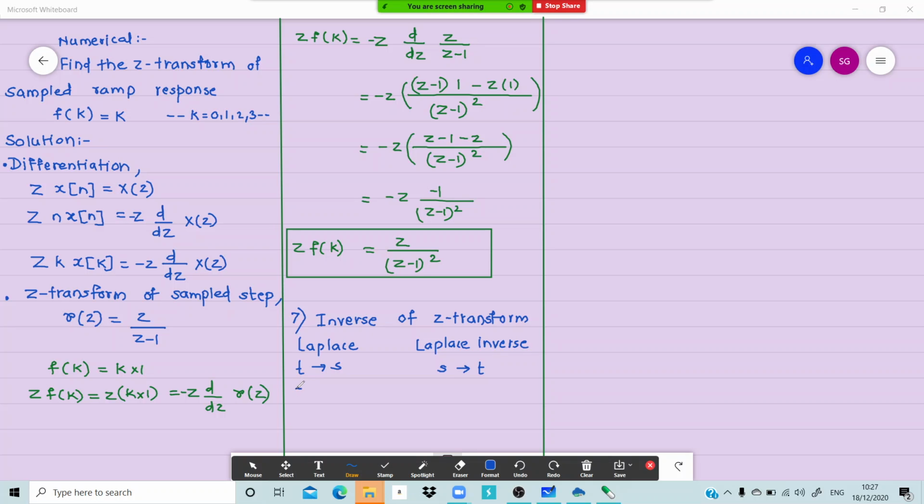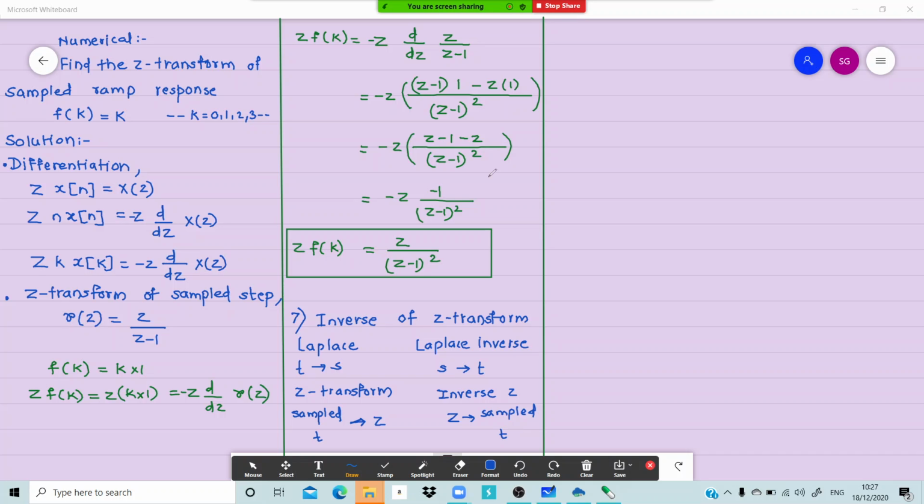Now, when you are saying Z transform, you had a sampled signal. No doubt, you were in time domain only, but it was sampled in T, and you were there in Z. When you are saying inverse Z, from Z transform you should go to the sampled signal, and definitely it is in the time domain.